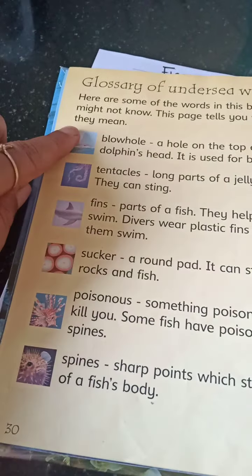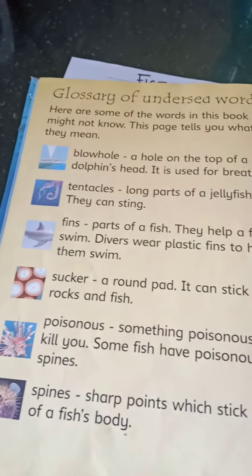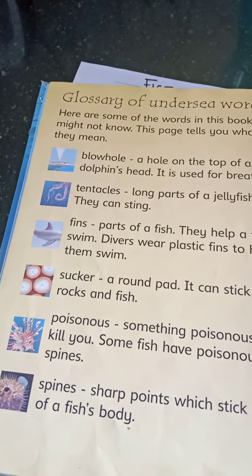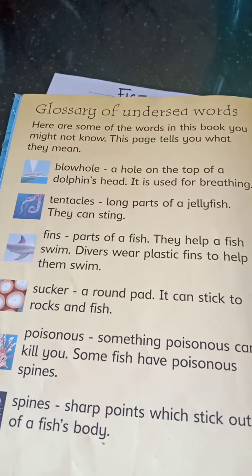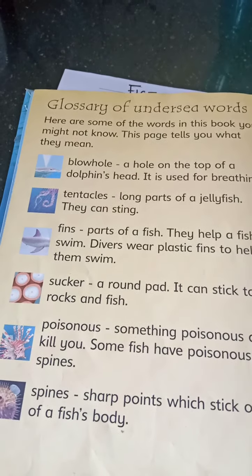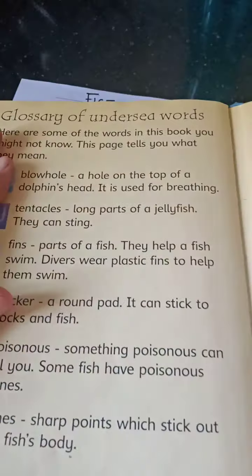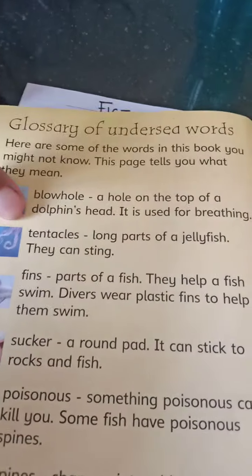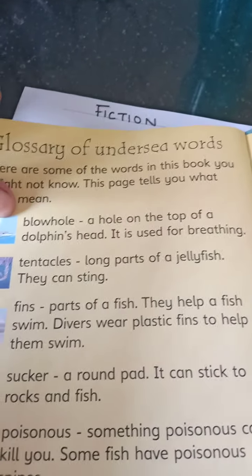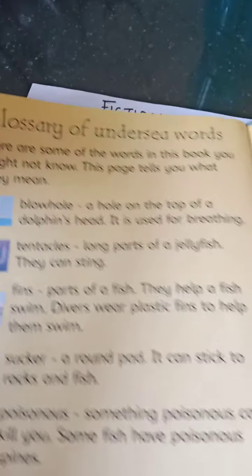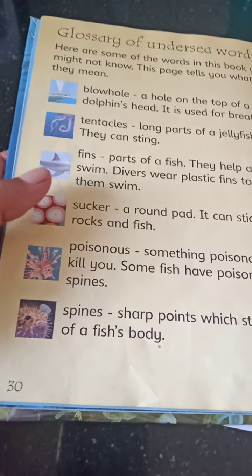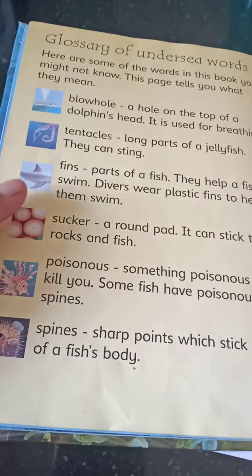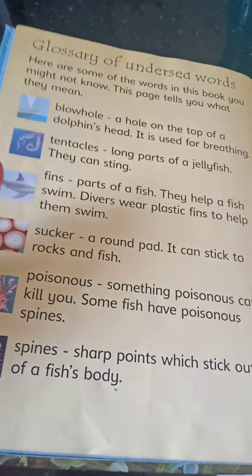So glossary is called a mini dictionary as well, because it helps the readers to learn new words which were there under that topic or in the book. And where do we find glossary? We find glossary at the end of the non-fiction book. Yes.